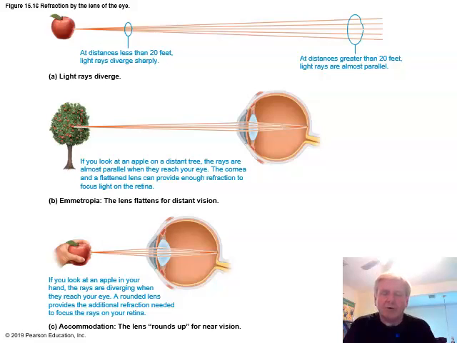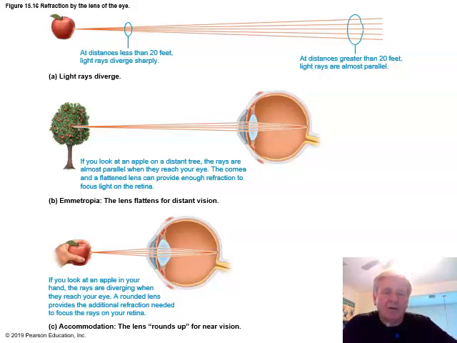That's the reason it's important to look at distant objects when you're driving, to relax your eyes. Whereas when you're reading a book, you're constantly contracting your ciliary body because you're trying to bend those light rays so that you can see the words on your book. That puts strain on your ciliary body and muscle and gives you eye strain.